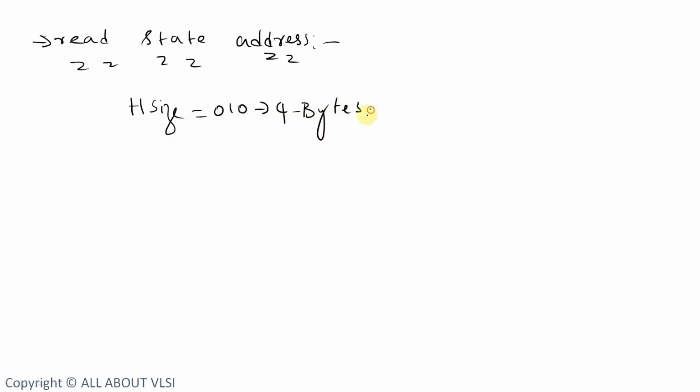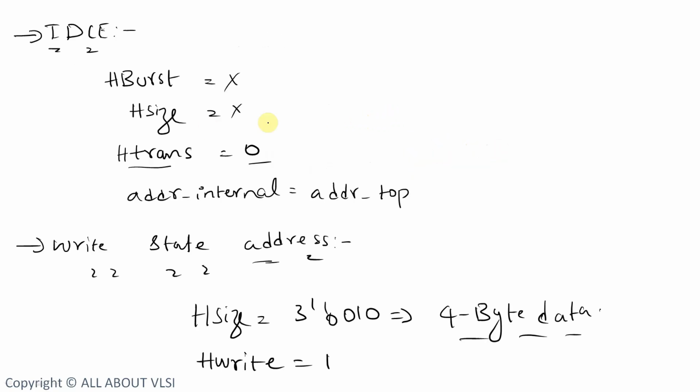As I've said, I'm going to consider my size of the data as 4 bytes only in this particular design. If I want, I can change it in future. And HWRITE is equal to 0, that means it is a read operation.